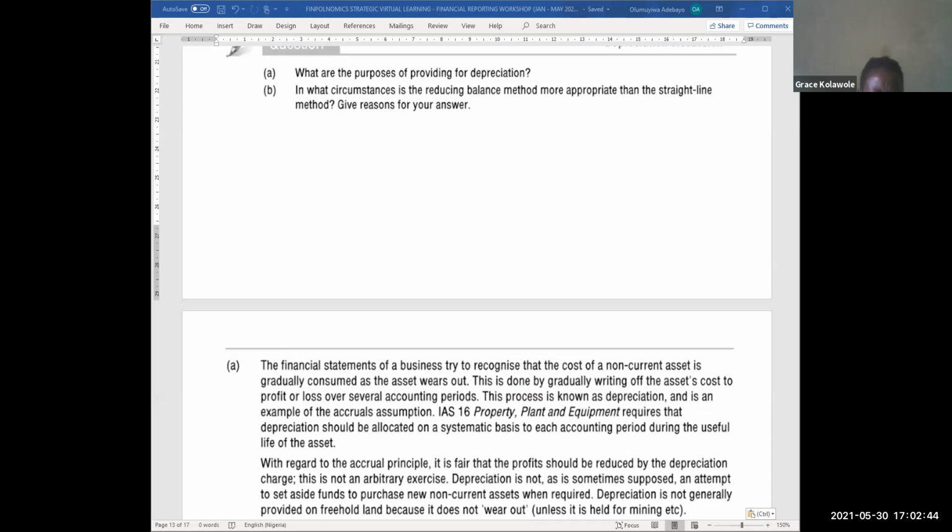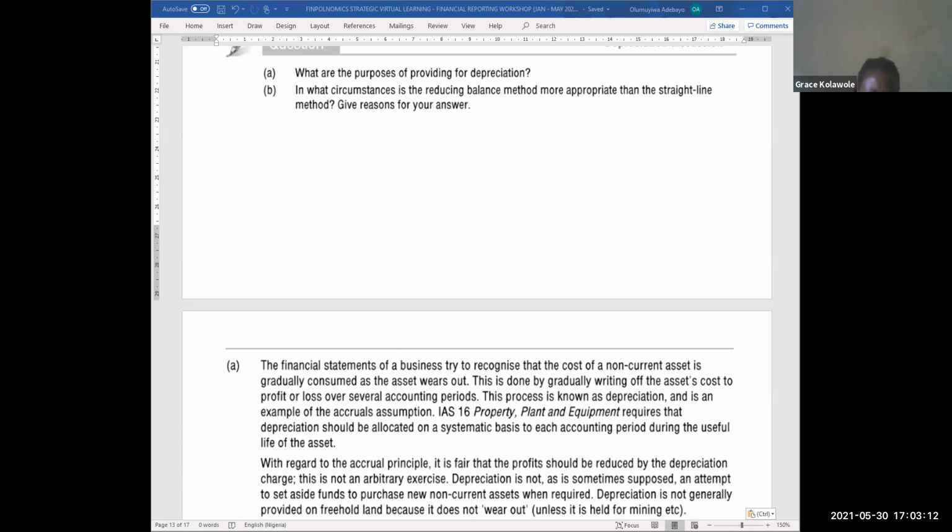IAS 16, property, plant, and equipment, requires that depreciation should be allocated on a systematic basis to each accounting period during the useful life of the asset. With regard to the accrual principle, it is clear that the profits should be reduced by the depreciation charge. This is not an arbitrary exercise.